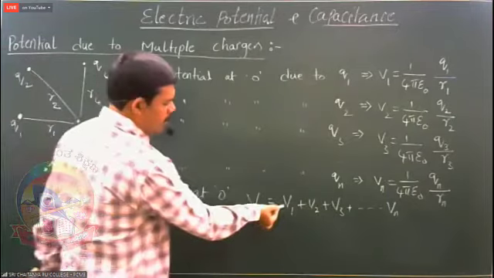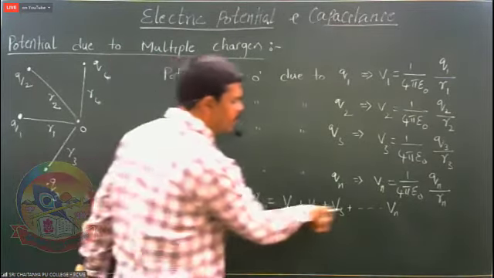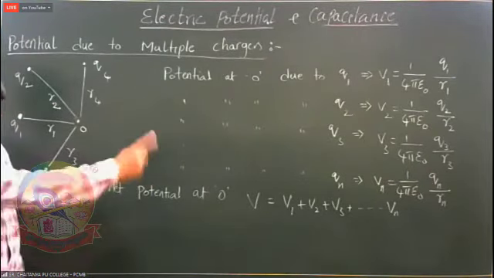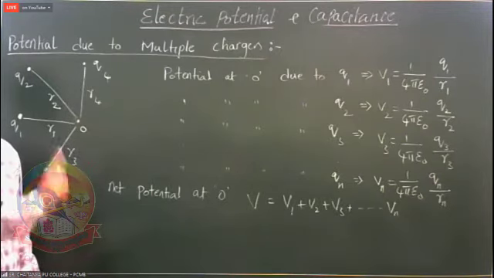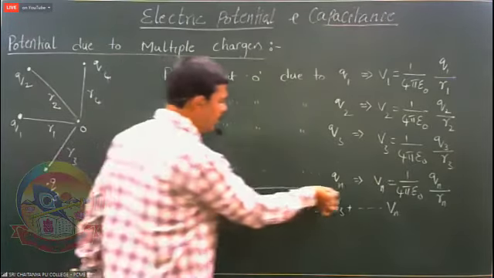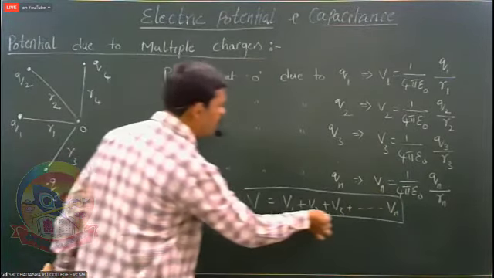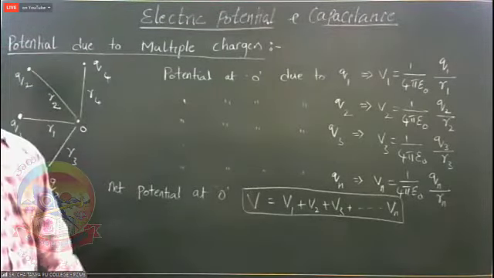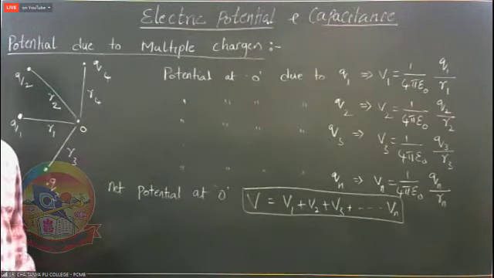See, it is just the algebraic sum of all the potentials due to individual charges. Potential at a point is equal to the algebraic sum, or scalar sum, of potentials due to individual charges.